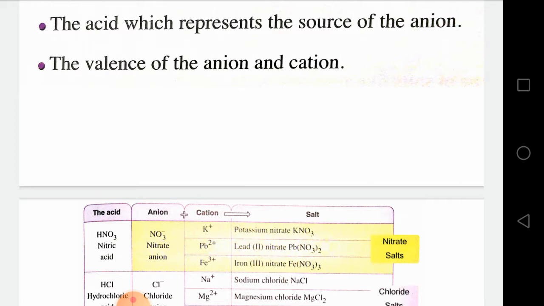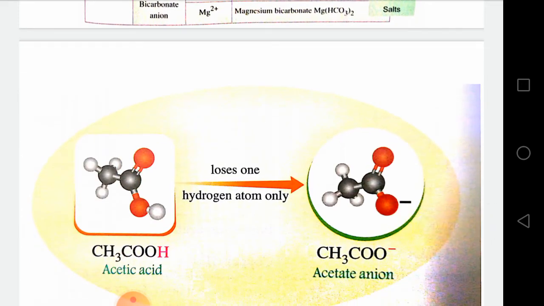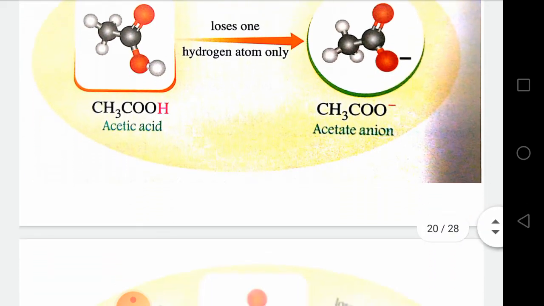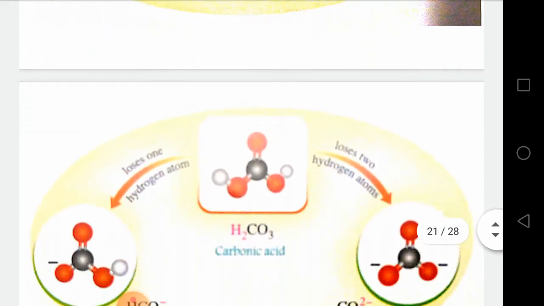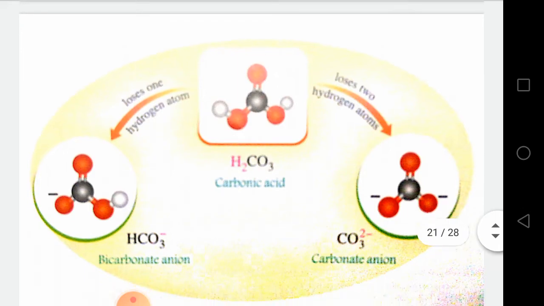If the acid is monobasic, like acetic acid, it only has one hydrogen ion, which can be replaced by a basic radical to form one type of salt. While dibasic acids, for example carbonic acid, contain two replaceable hydrogen ions, so this acid can produce two types of salts.